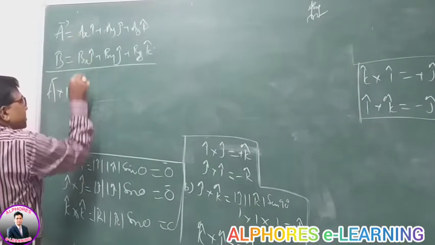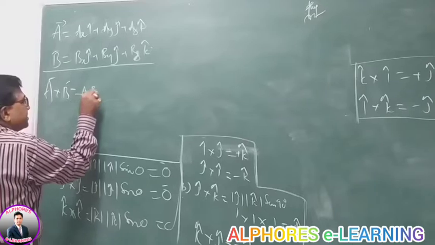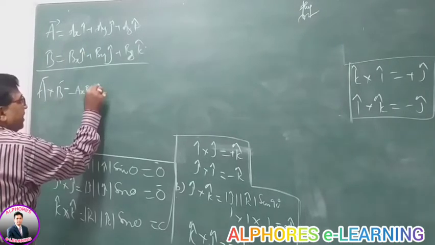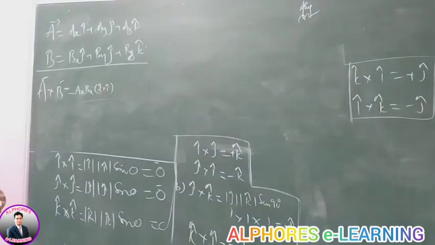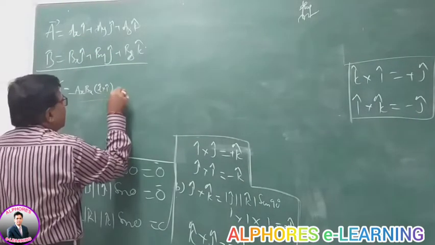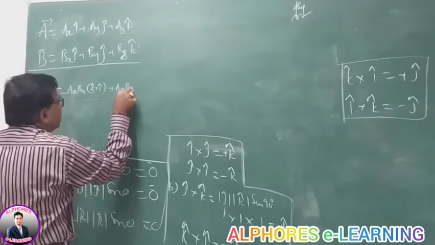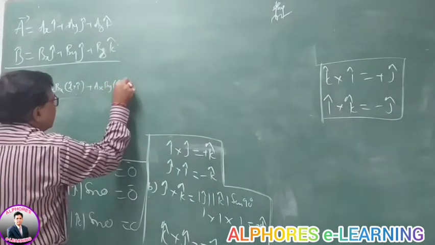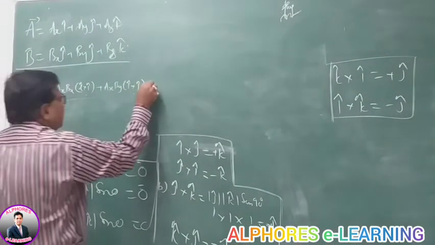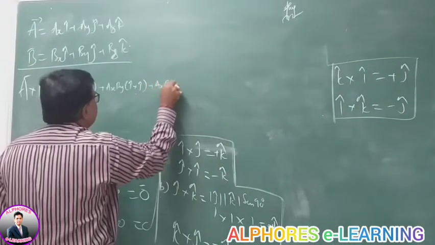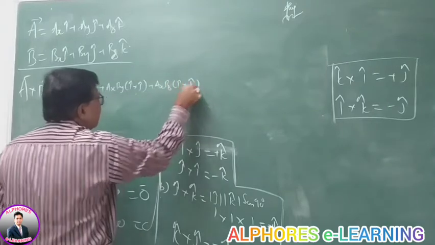Let's do it. First, Ax into this: Ax Bx times i cross i, then Ax By times i cross j, then Ax Bz times i cross k.